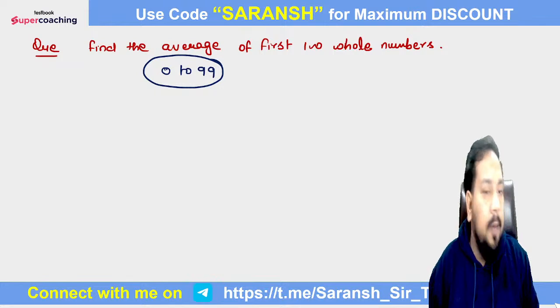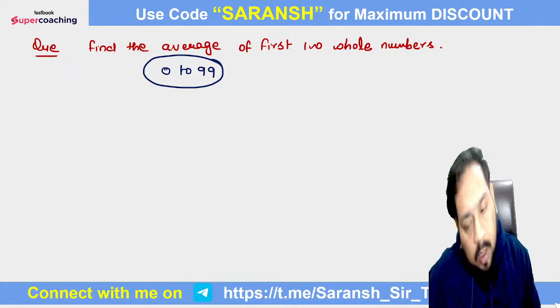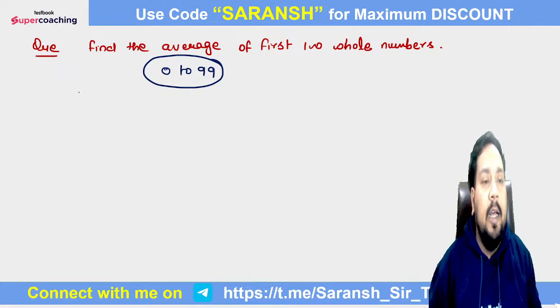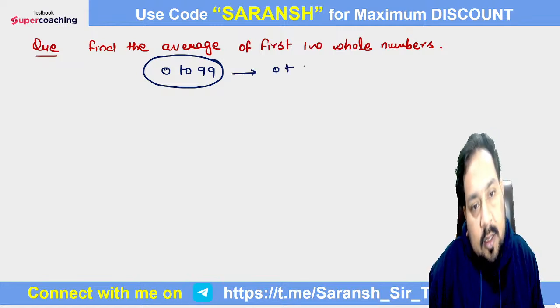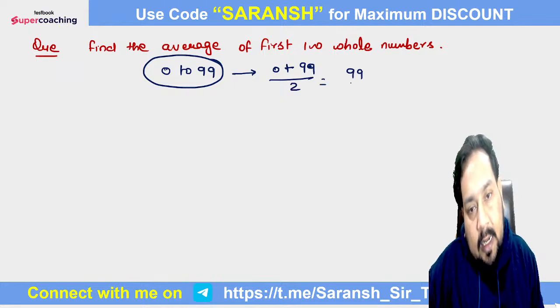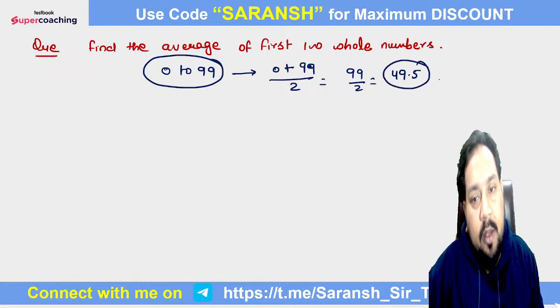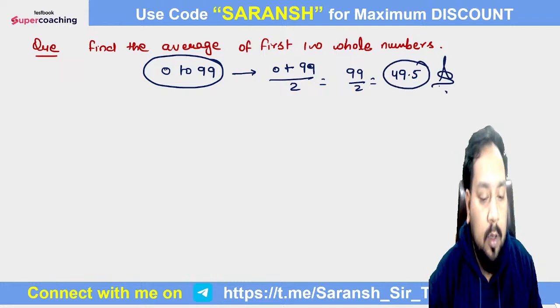Yes or no? Simple. Now, just solve like this. 0 plus 99 upon 2, then 99 by 2. Answer will be what? 49.5.